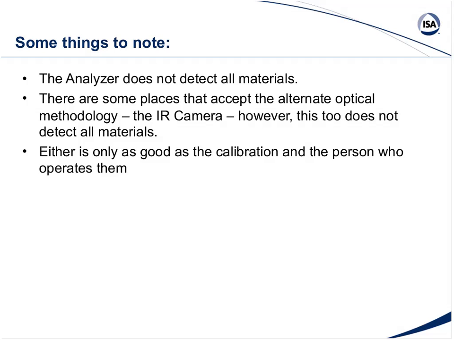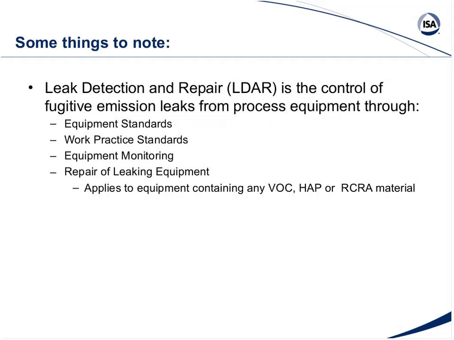But the big thing for our two analyzers that we typically use is it's only going to be as good as the calibration that was done for that instrument, and it will only be as good as the person who's actually going out and doing the work practice, monitoring those individual valves, those individual components. And so we've got to look at our work practices to make sure that we're doing those.